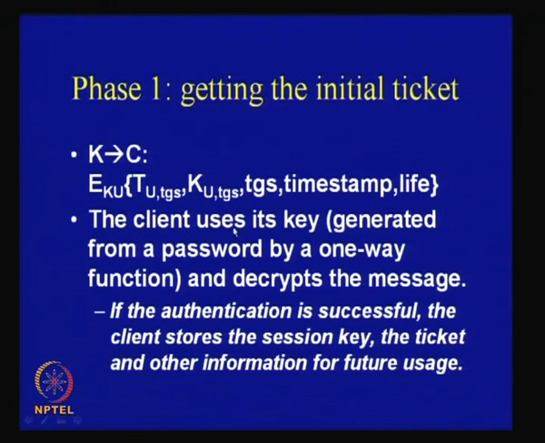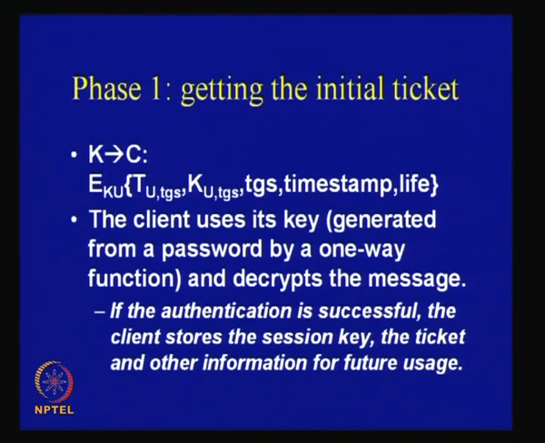The idea is that the client uses its key, which is generated from a password, perhaps by a one-way function, and decrypts this message. If this authentication is successful, the client will store the session key, the ticket and other information for future use, that is the ticket as well as KU,TGS.